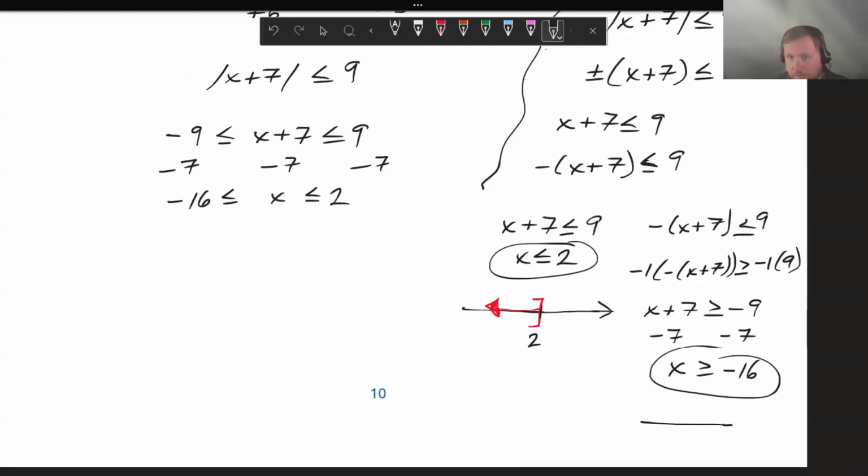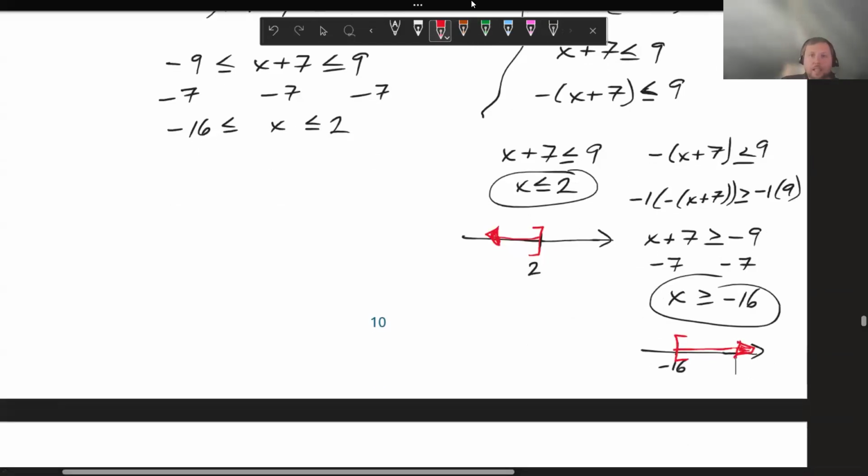And for this one, negative 16 greater than means it's going this way. In interval notation, if I wrote both of these as separate statements, I'd have negative infinity to 2, and here I'd have negative 16 to positive infinity.